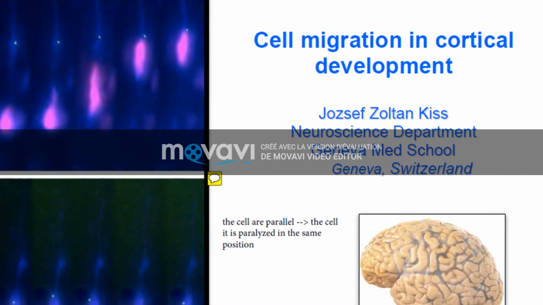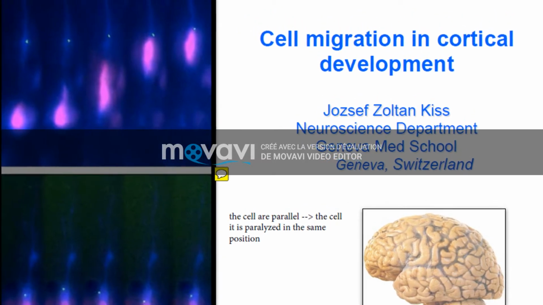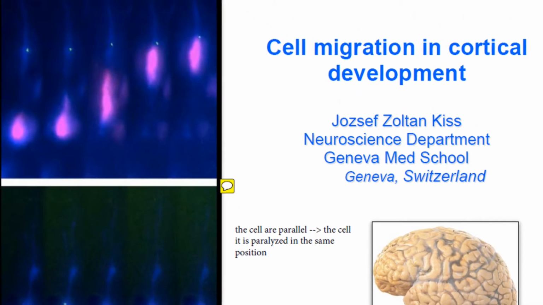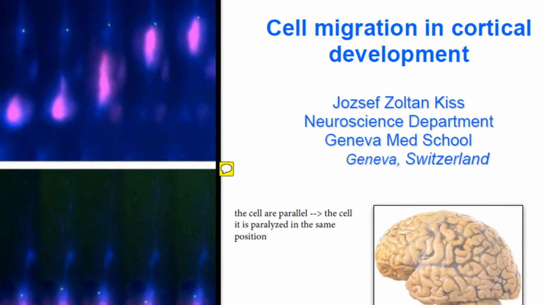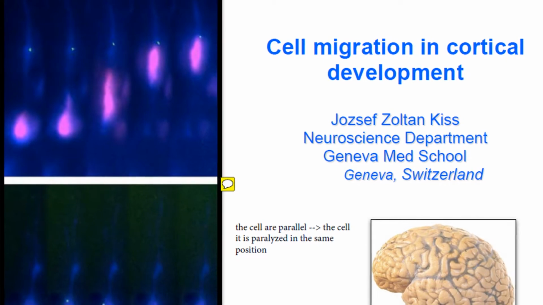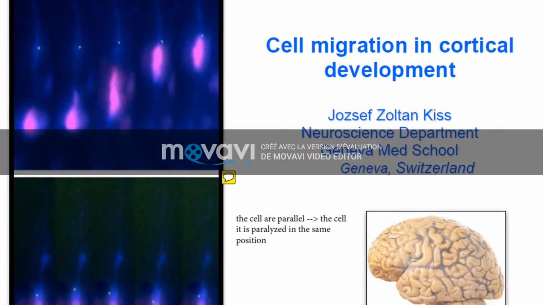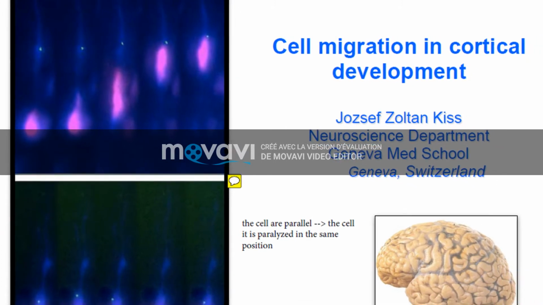Sperry then asked the question, what happens if I cut the retina and turn it 180 degrees? So the nasal will be here, the temporal here. What happens with this projection pattern? That is, temporal always short, nasal long.